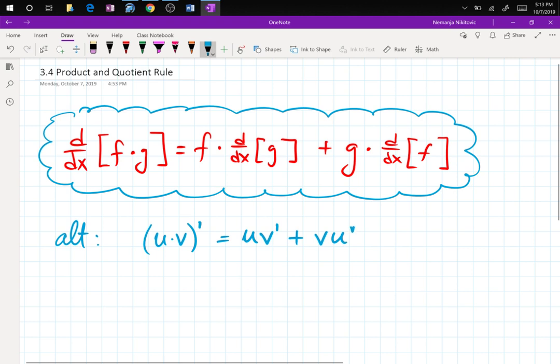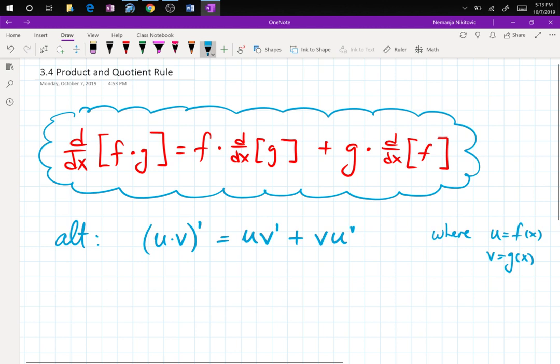It's the same thing as up there, just compact, where u equals f of x and v equals g of x. So it's just a faster way.